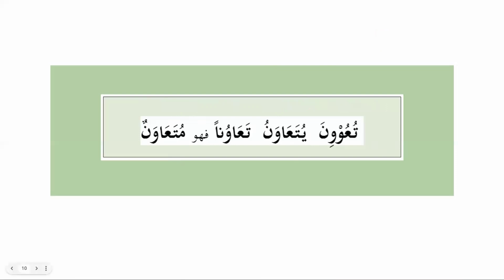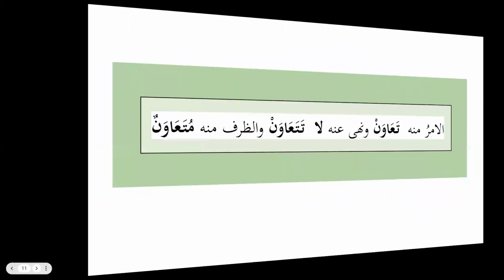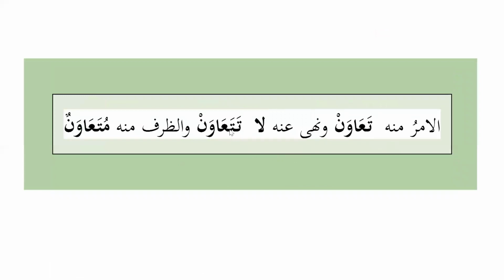Now the third line. Third line has commanding fi'l, then forbidding, and then zarf. And you know zarf in Mazid Fihi families, the zarf pattern is the same as ism maf'ul pattern. So muta'awanun.